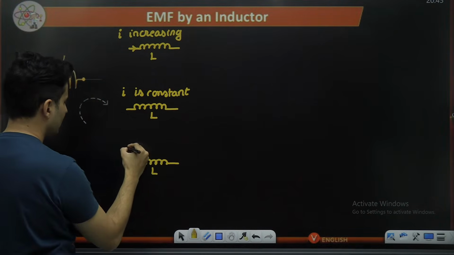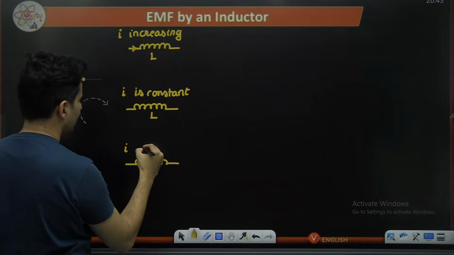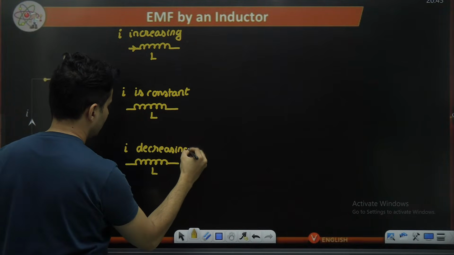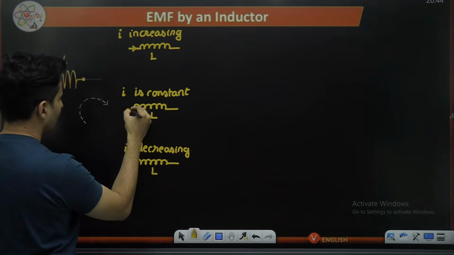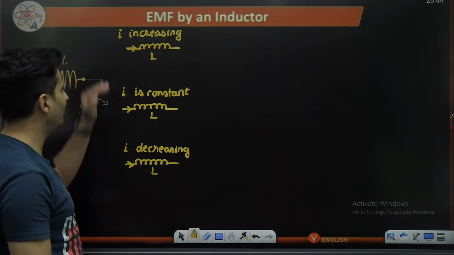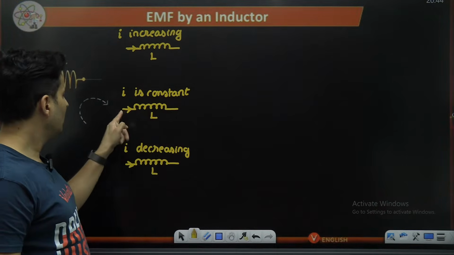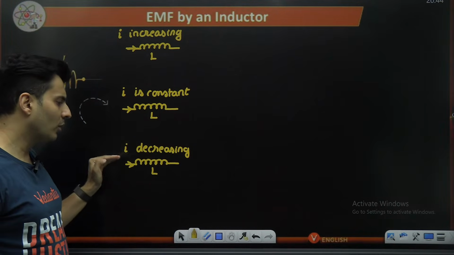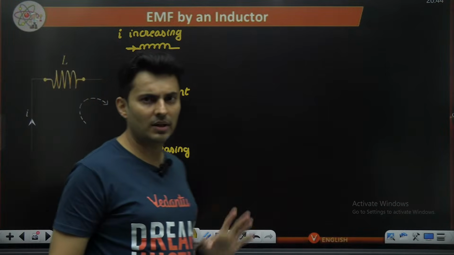And in the third case, the current is decreasing. Here the current is slowly increasing from 1 ampere to 2 amperes to 3 amperes. Here if it was 3, it is maintaining 3 always. Here from 5 amperes to 4 to 3 to 2 to 1, it is slowly decreasing.